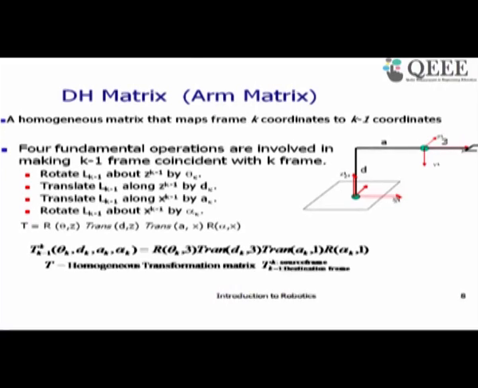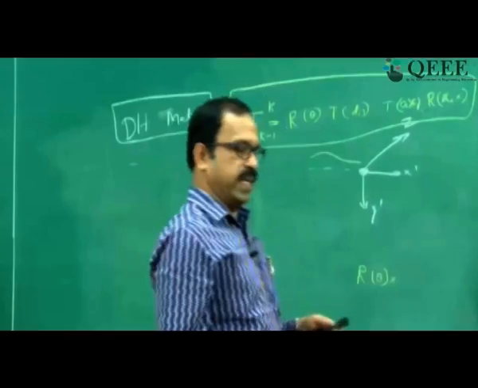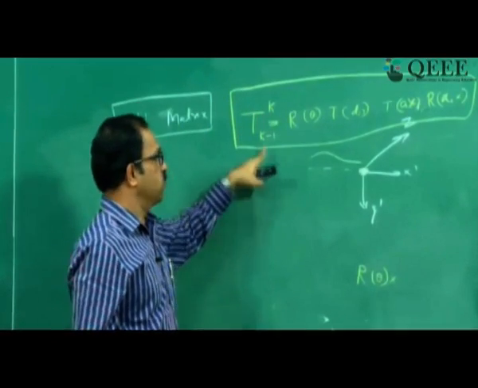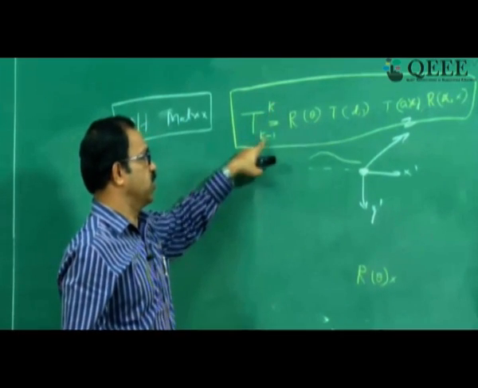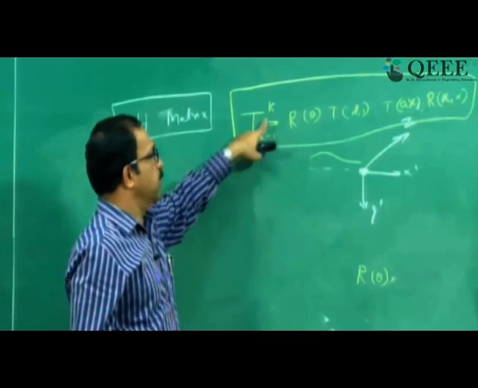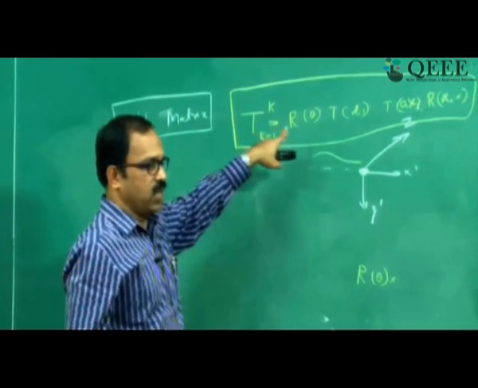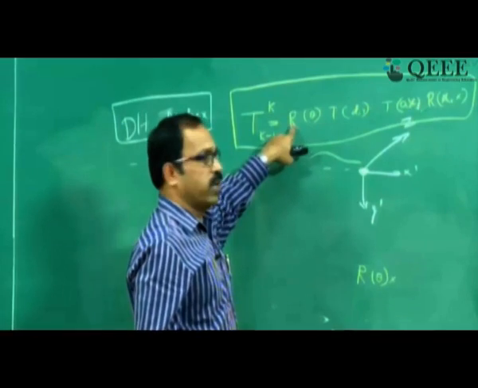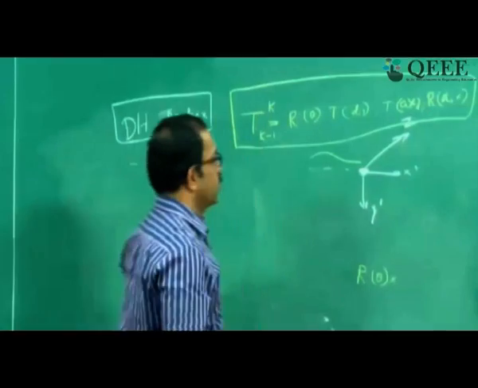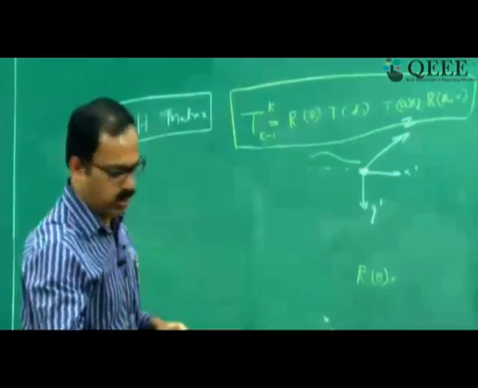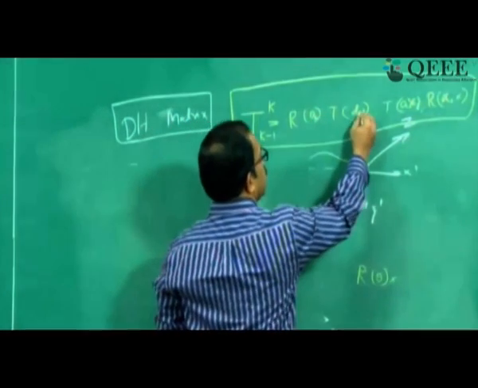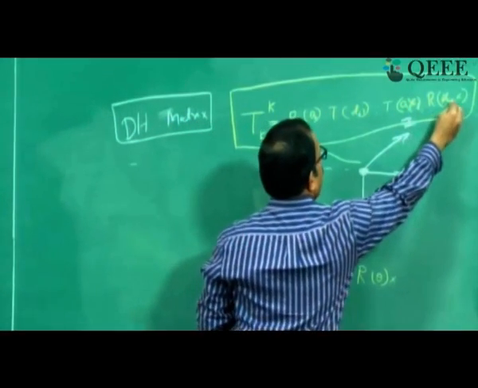So k to k minus 1 is the homogeneous transformation matrix from the source frame to the destination frame. The mapping from k to k minus 1, source frame to destination frame, is T k to k minus 1, which is a multiplication of these 4 matrices, R, T, T, R, and will give you the transformation matrix k to k minus 1, provided you know all the theta k, dk, ak, and alpha k.